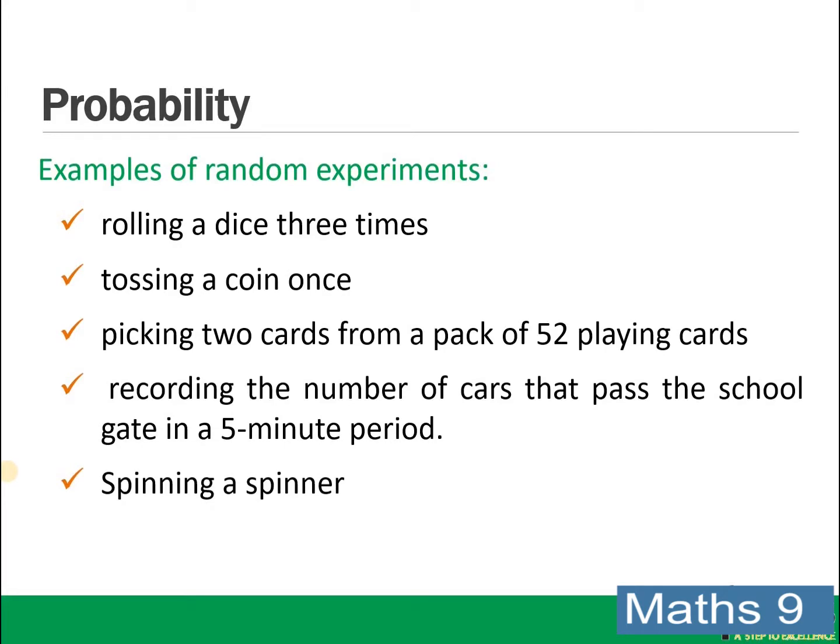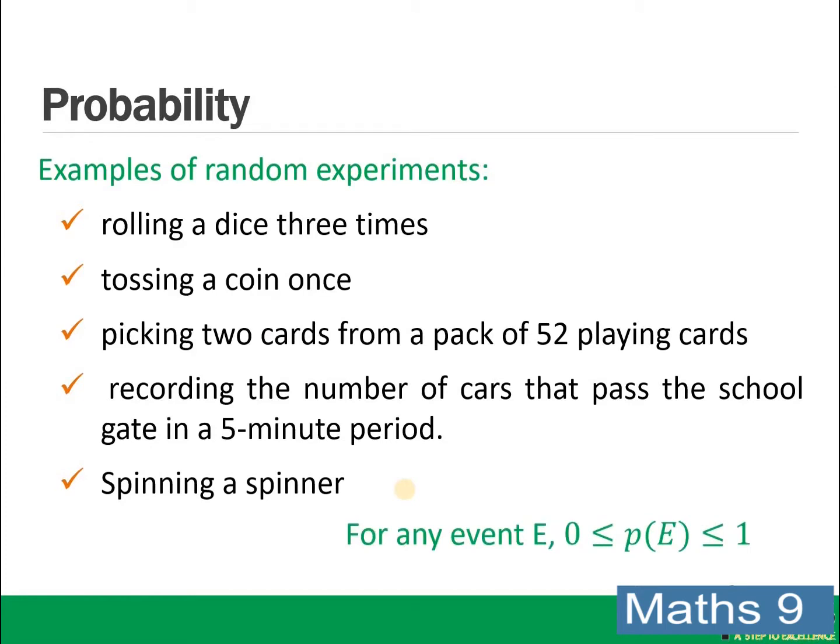They are all experiments because they all have different outcomes. For example, different numbers that are rolled on the dice, heads or tails, different things on the cards, different numbers of cars, and a different result on the spinner. And they are all random experiments because we're not sure what the outcome is going to be.